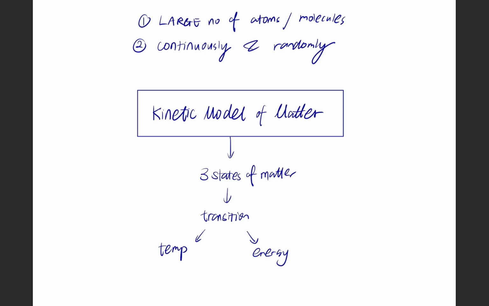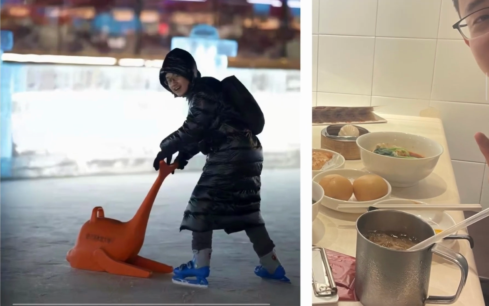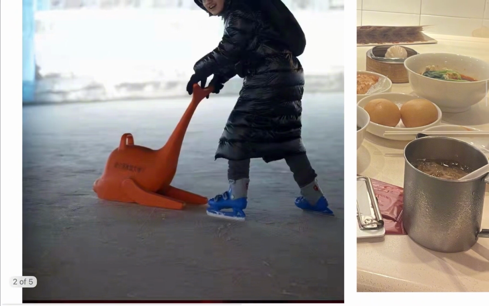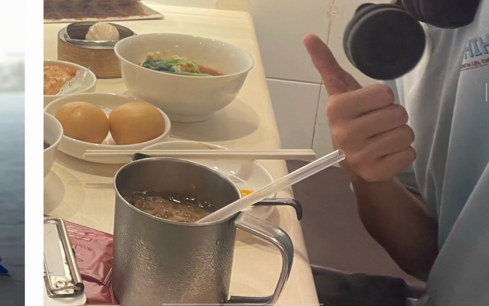Now we're looking at applications of that. So let's talk about water. There are three examples of different states of water, and I'm going to show you how the kinetic model of matter is in place. I actually went to Harbin recently, and as you can see, I'm doing some ice skating here. So this is the solid state. It's very, very slippery. And one nice morning, I was enjoying my breakfast and having my daebing.